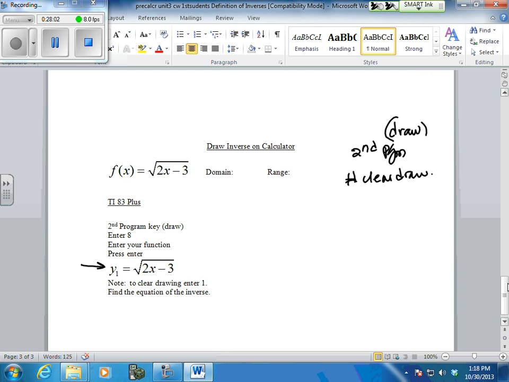Just click that. Now, let's go back to that again. Now, come down to number 8. Wait, now go back to the second program. Come down to number 8 where it says draw inverse. We're going to tell it to go to my function in y1. That's where your function should be.